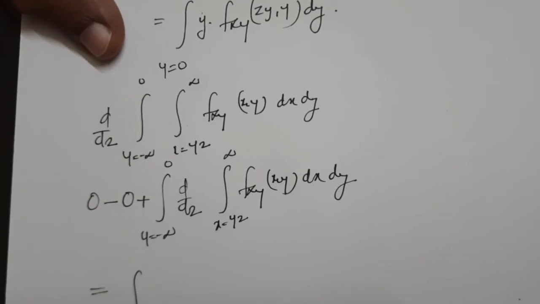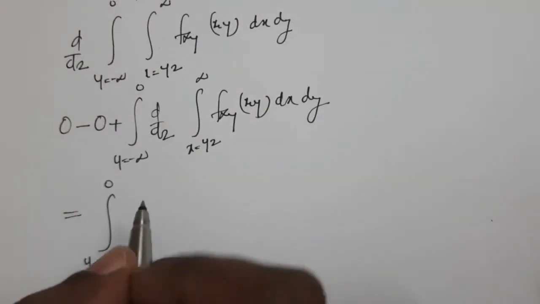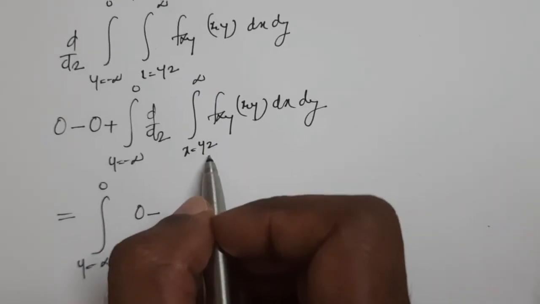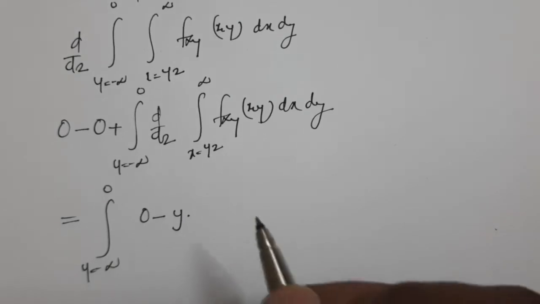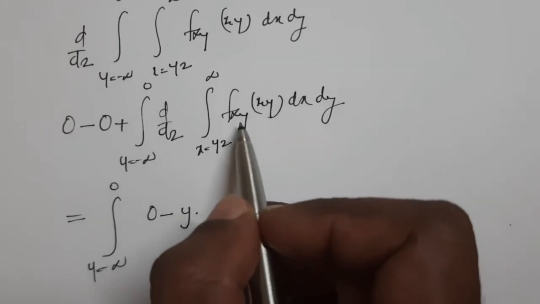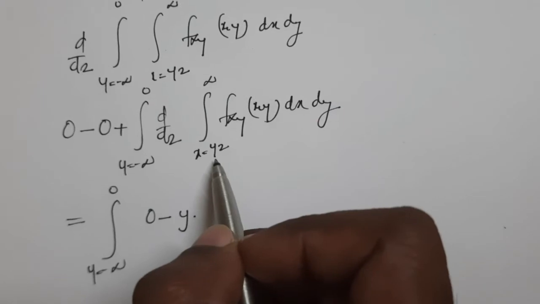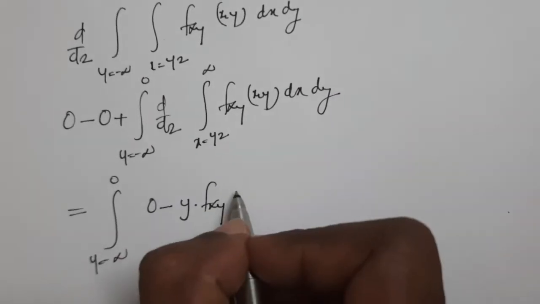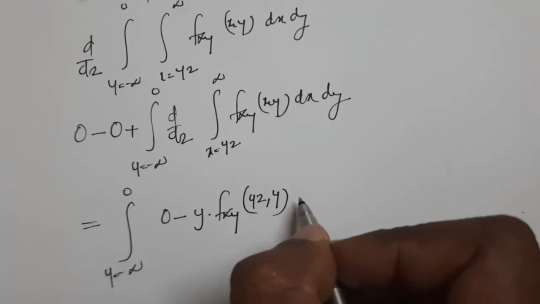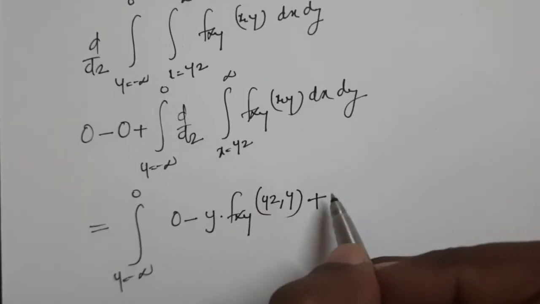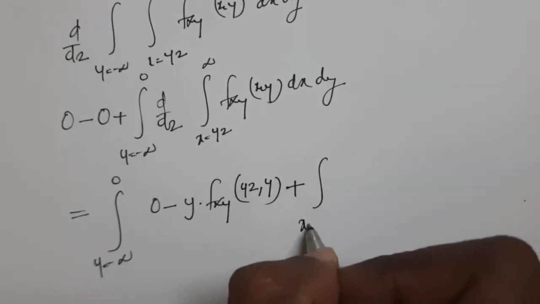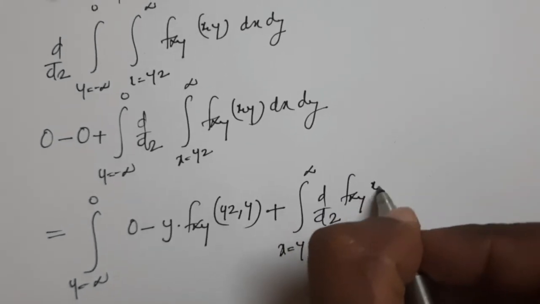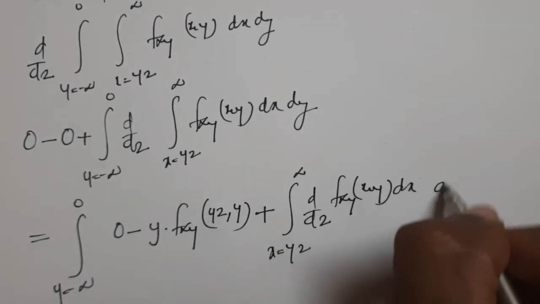This will be equal to the integral y equal to minus infinity to 0 of d by dz of the upper limit, which is 0, minus d by dz of the lower limit, which is yz, so y into, and replace the variable of integration by the lower limit. That is fxy, with x replaced by yz, y, plus the integral x equal to yz to infinity of d by dz of fxy(x,y) dx dy.